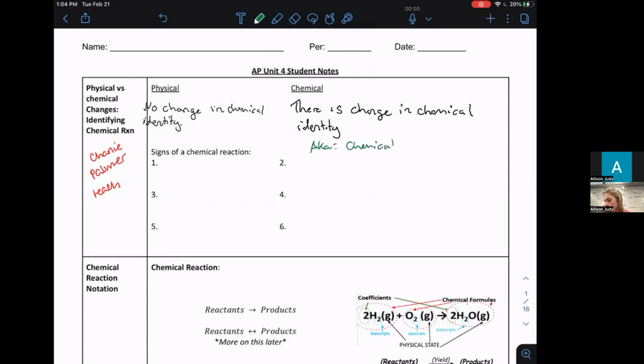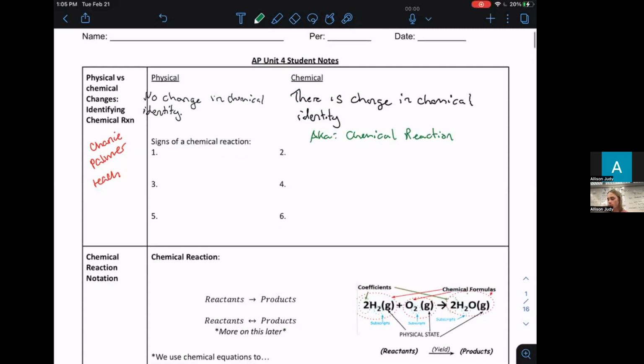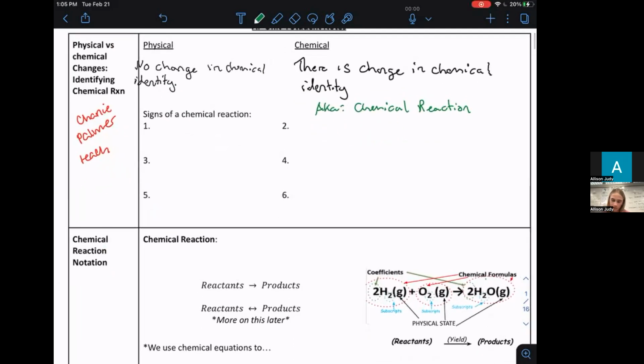When you have a chemical change, it's because a chemical reaction is taking place. So if you were to take the water from before and decompose it into hydrogen gas and oxygen gas, now you have different substances on a chemical level, and that would be a chemical change taking place, or a chemical reaction. That's pretty much what we're focusing on this unit. Physical change is not actually important.